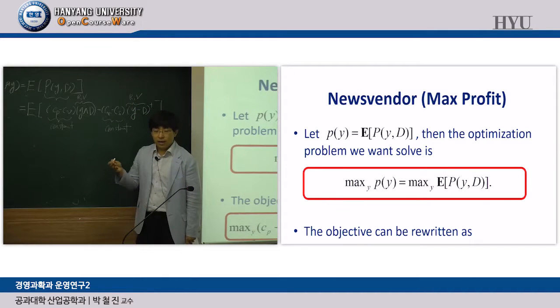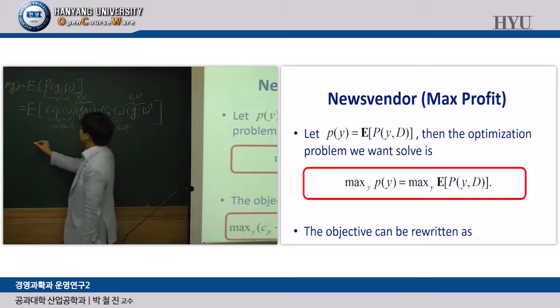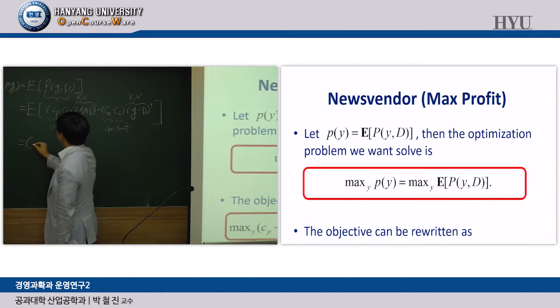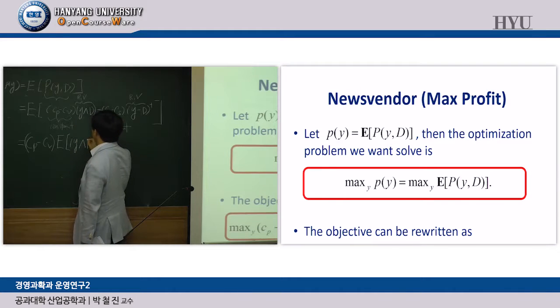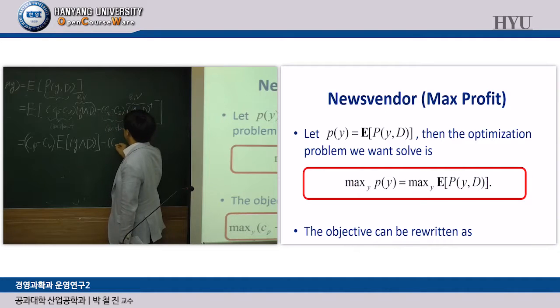And as you know, by linearity of expectation, this can be rewritten as Cp minus Cv times the expected value of the minimum of y and D, minus Cv minus Cs times the expectation of (y minus D)+.